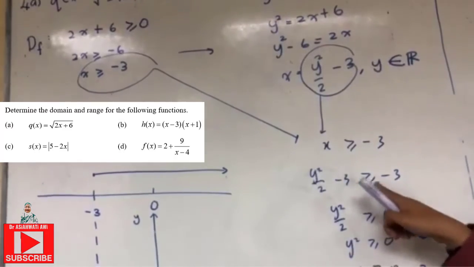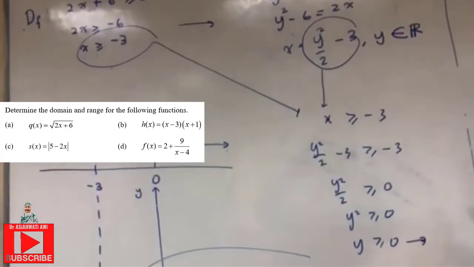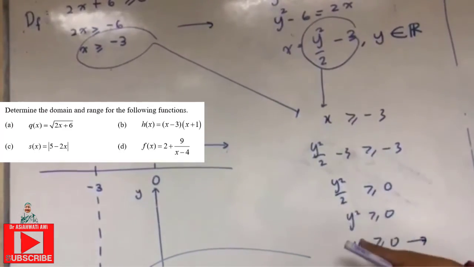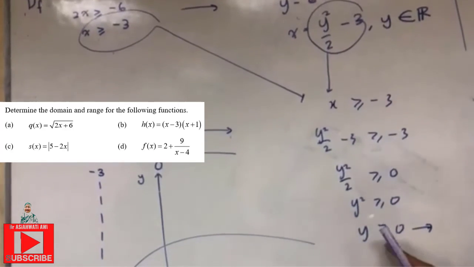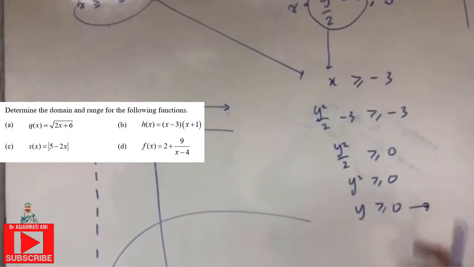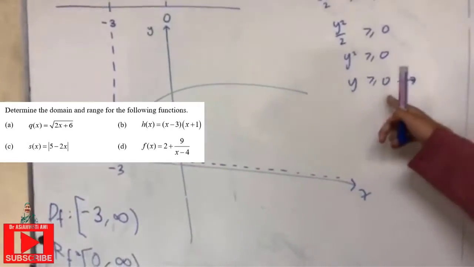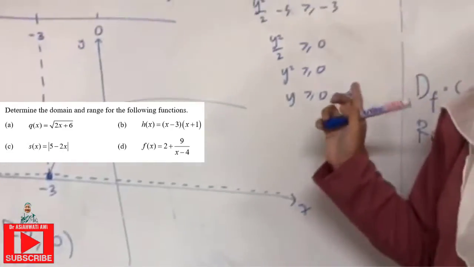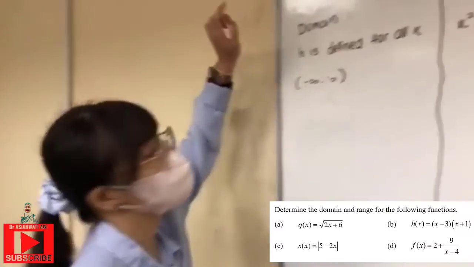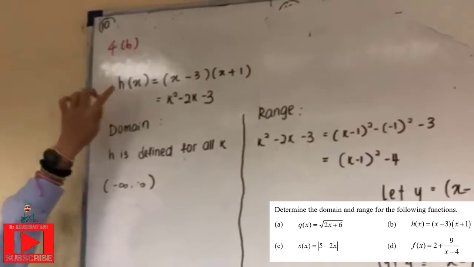So more than -3. So kita pindah. So Y akan dapat greater than 0. So domain range dia 0 included to infinity. This one is question for B.